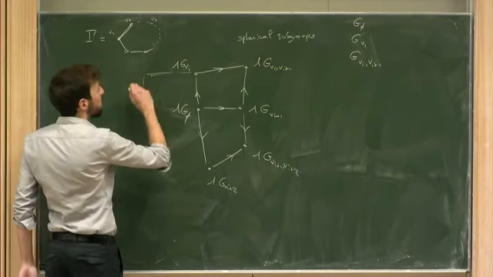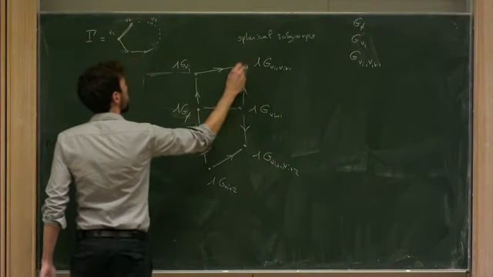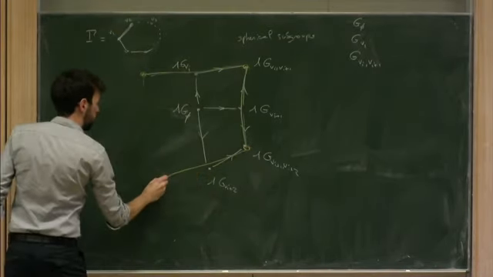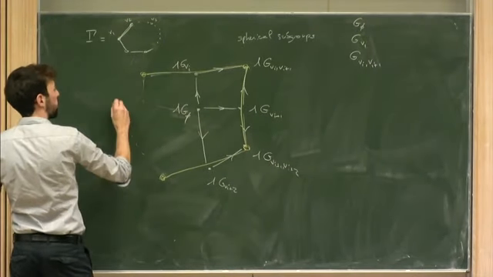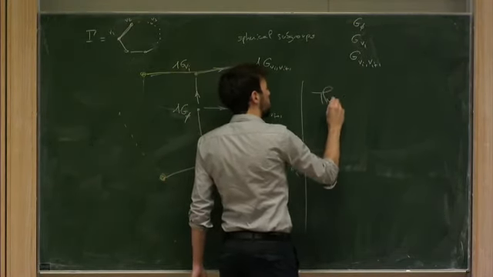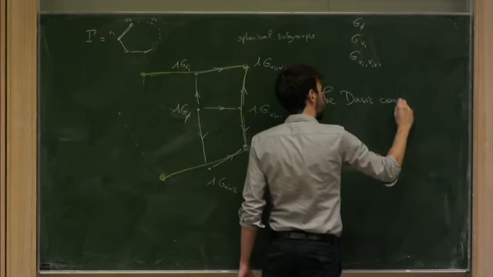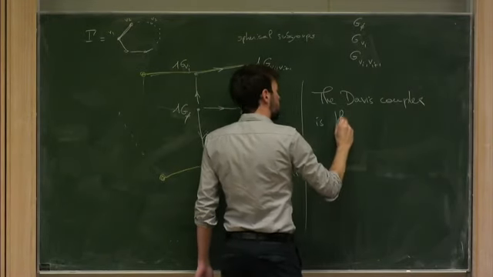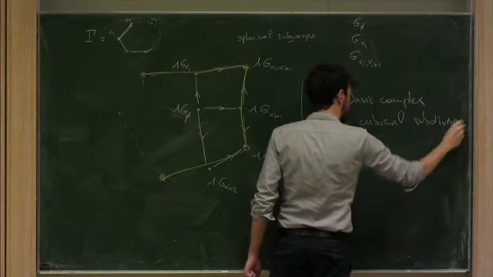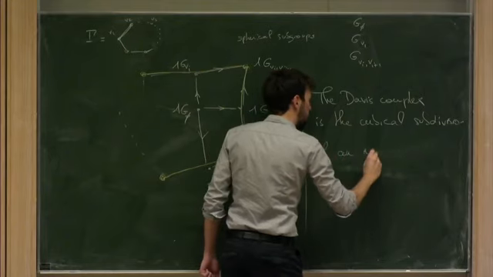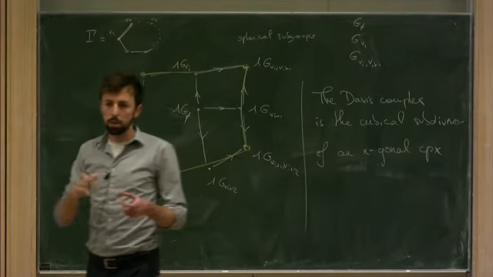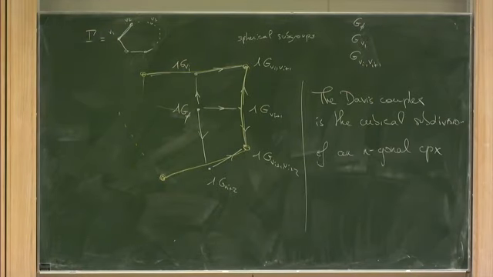What I see is the cubical subdivision of an n-gon, etc. So actually the Davis complex in that case is the cubical subdivision of an n-gonal complex, that is, a complex obtained from n-gons by gluing edges together.